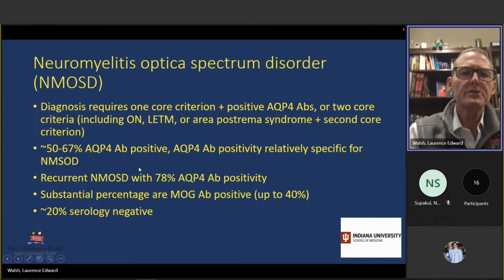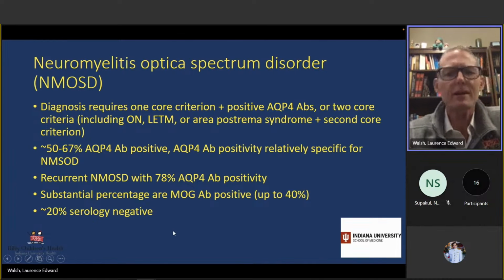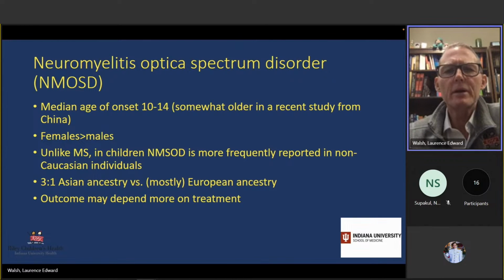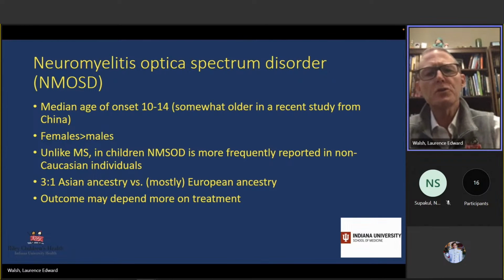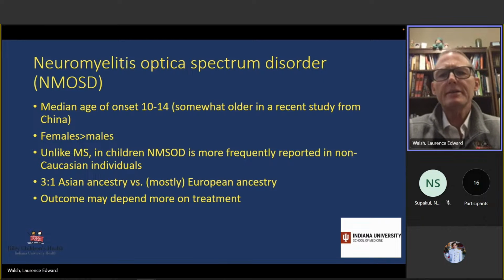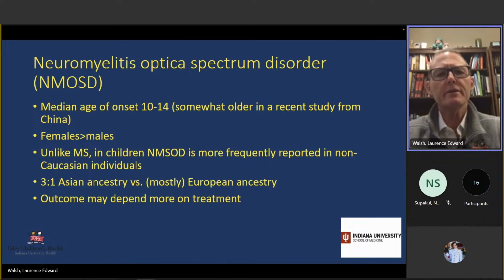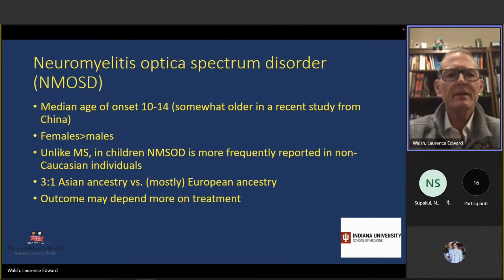So a substantial number are still going to be MOGAD disease. But if you look at this, you think of this, and you think about the high recurrence rate. And about 20%, you get no help with serology. This tends to be a somewhat older group of children who have this. And there was actually a recent study from China that the children were older still. And females tend to be more common than males.